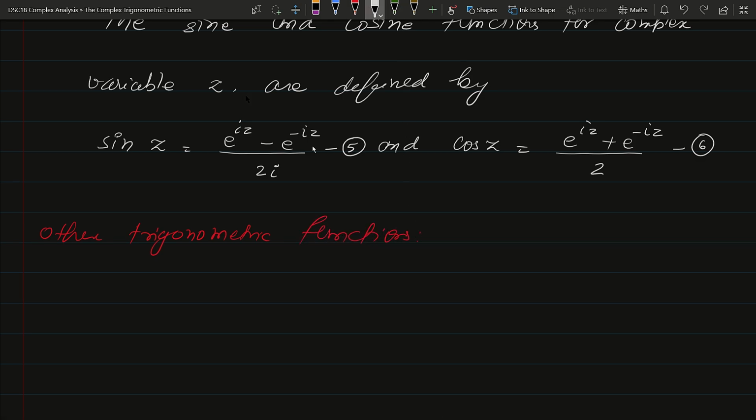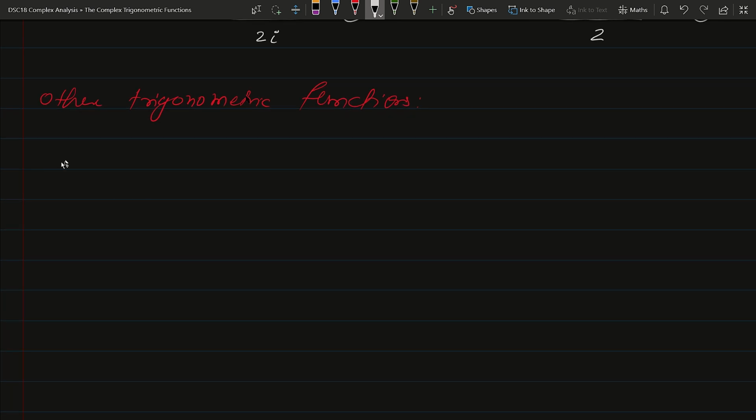We have tangent z equal to sine z over cos z. Then we have cot z equal to cos z over sine z.